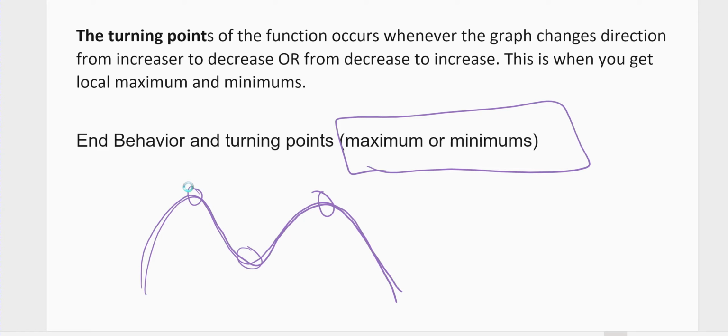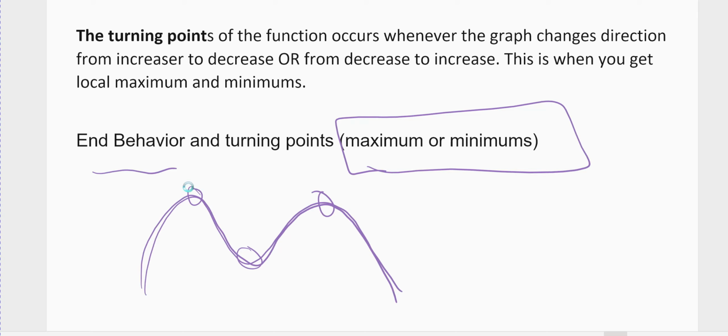And I can determine how many maxes and mins are possible based on my leading term. That has to do with what's happening locally, towards the origin. So my maximums and minimums occur near the origin. My end behavior is what's happening outside the origin, when I zoom out and look at the really big part.